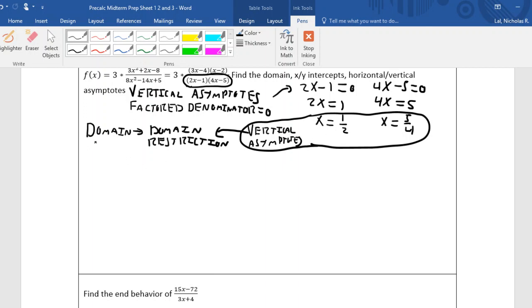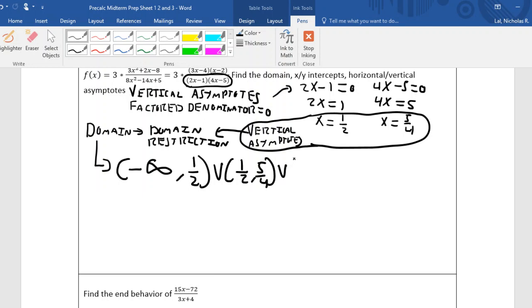So our domain is from negative infinity to 1/2, union 1/2 to 5/4, union 5/4 to infinity. So that is the domain of this function.